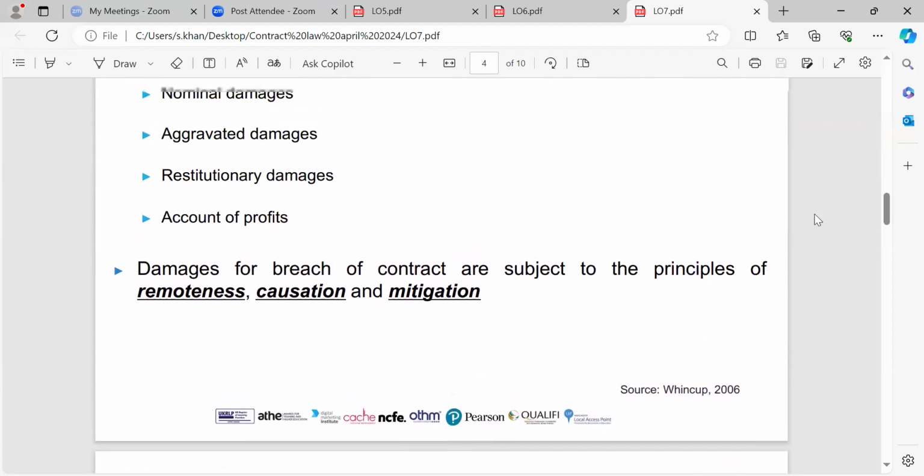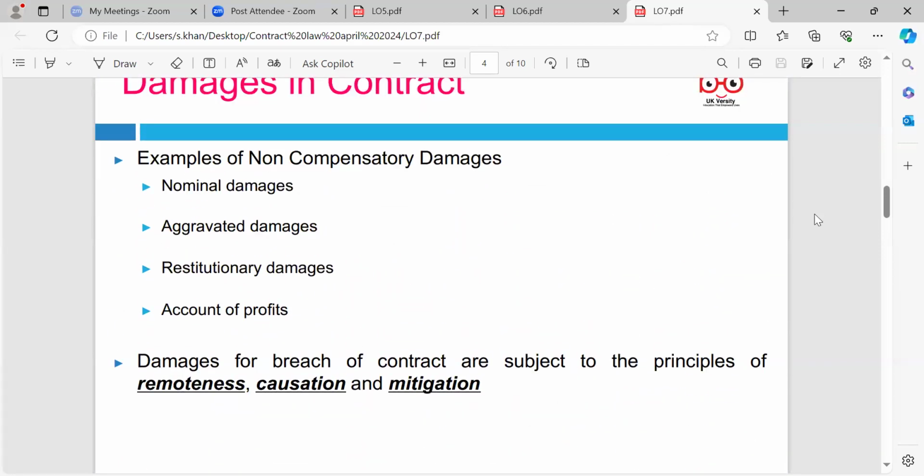Non-compensatory damages are an award of a sum of money, not only to compensate the claimant for his contractual losses, but also aimed to compensate the claimant in relation to any bad conduct of the other party.